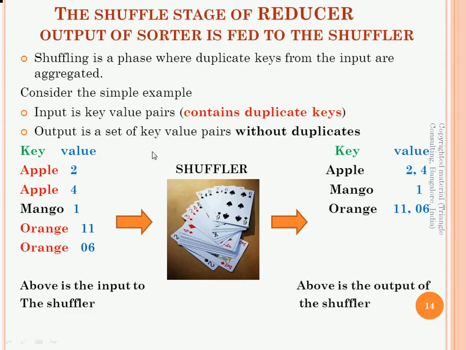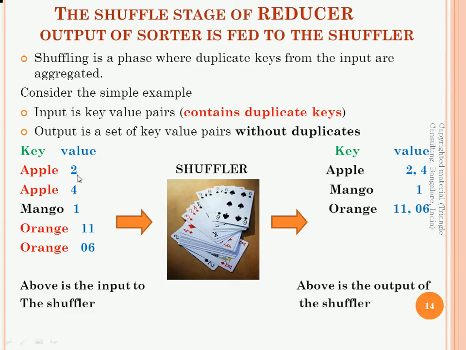What happens if you pass this input, which is key-value pairs, to another module called a shuffler? The shuffler tries to aggregate the duplicate keys. Apple is repeated twice on the left, but on the right it appears just once.